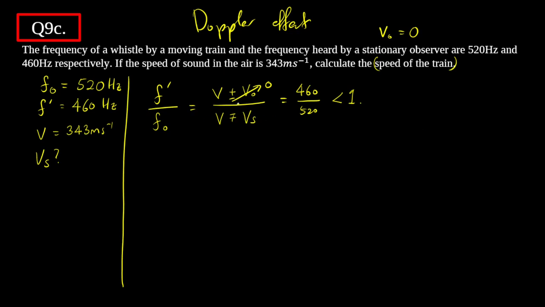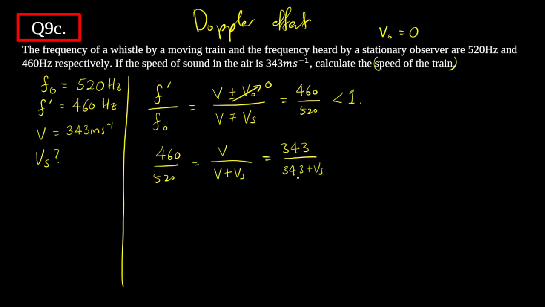We want the bottom part to be bigger than the top, so my 460 over 520 must equal V over V plus Vs. My V is 343, and I'm looking for Vs. This is fairly direct to do.